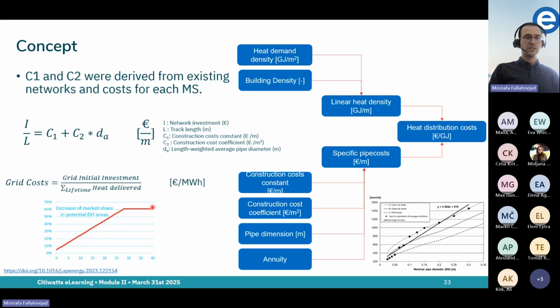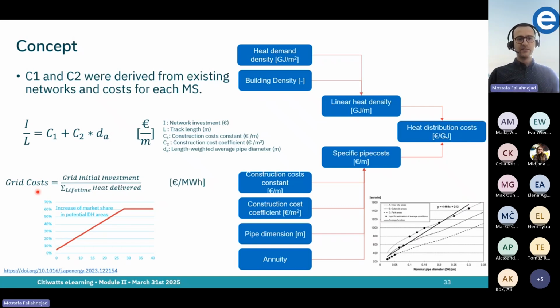So the connection rate or delivered heat remains the same. The calculation module calculates this heat delivery over the lifetime and also calculates the required pipe diameter for these periods and calculates the investment cost. And this formula gives me the grid cost in euro per megawatt hour.